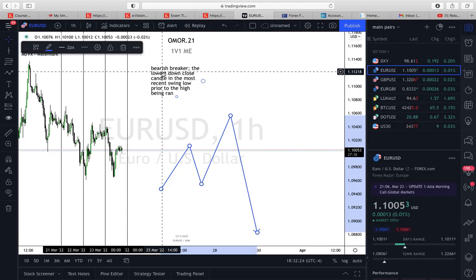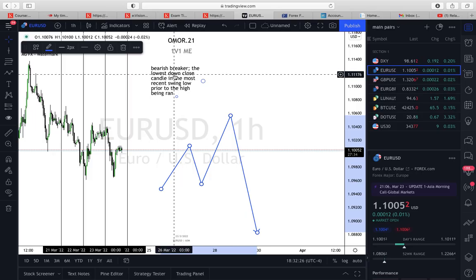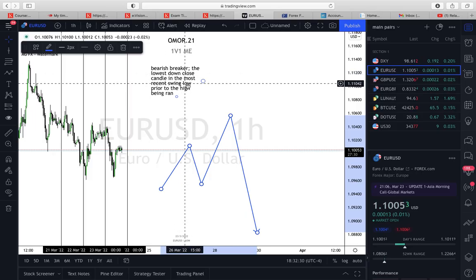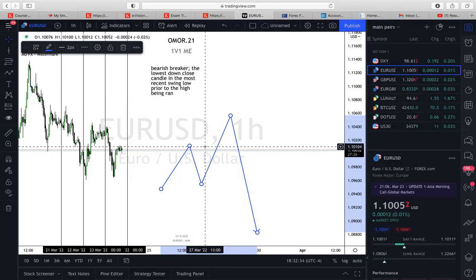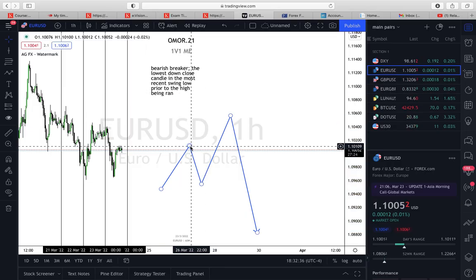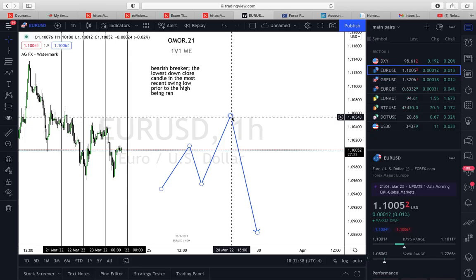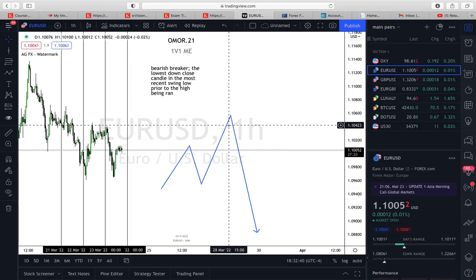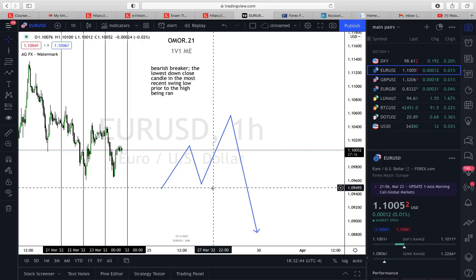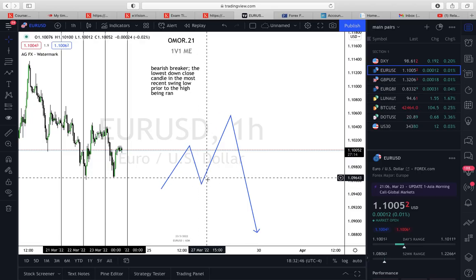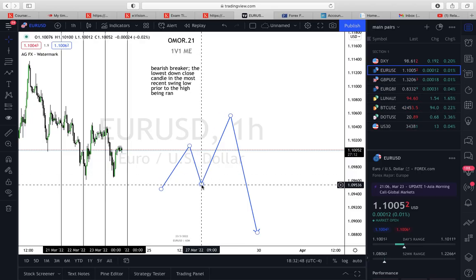So back to the definition of what I said, the lowest down close candle in the most recent swing low prior to the high being run. So you look at which high was run. This high was run by this high. So you look at the low in between these two highs, which is this. This is the low, right?